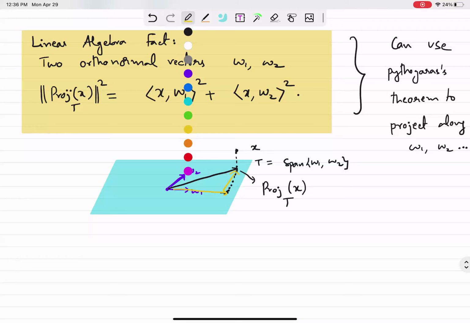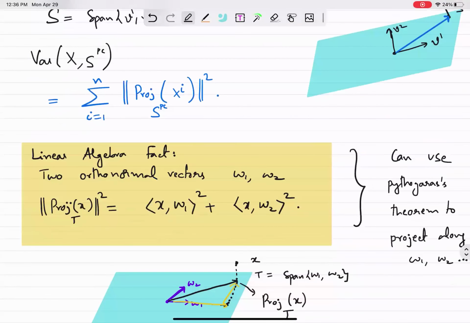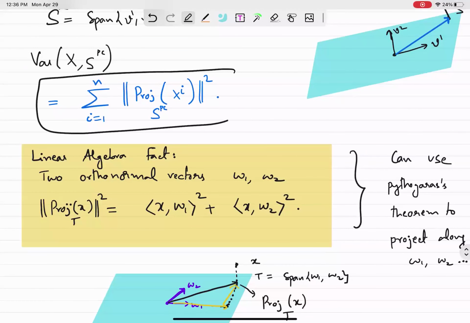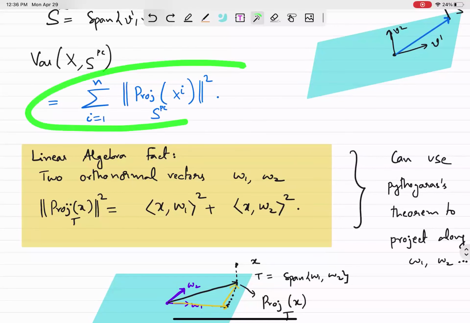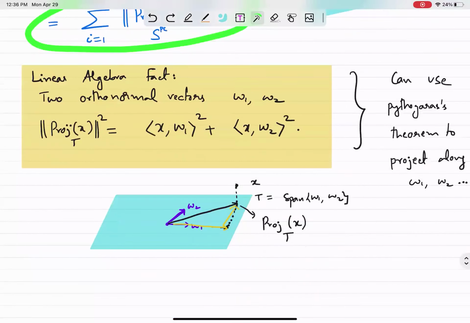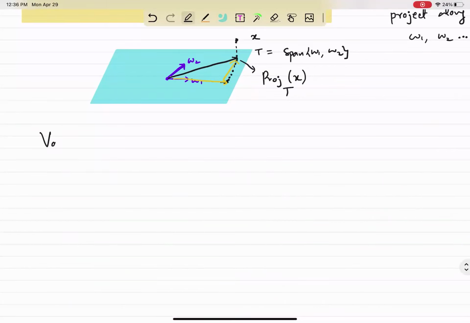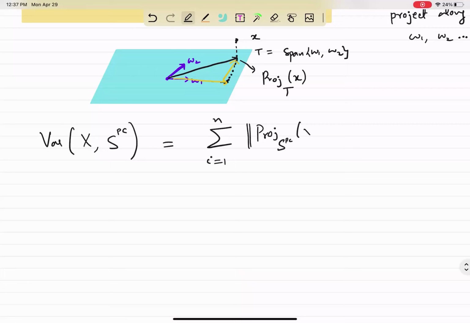All right. Okay. So let's use this for this part. So what do we have? So we want to compute the variance of X in the subspace spanned by the first principal components. So that would mean I need to compute the lengths of all of these projections.